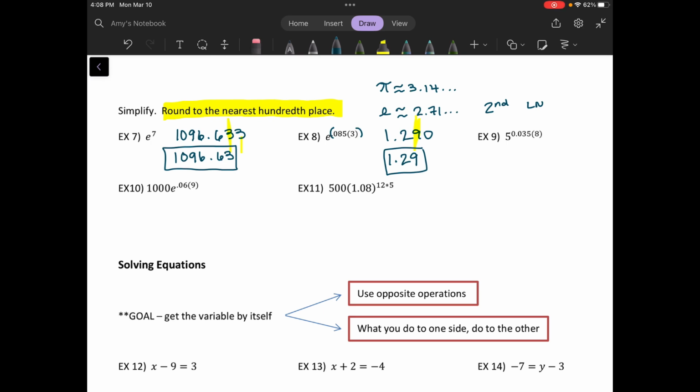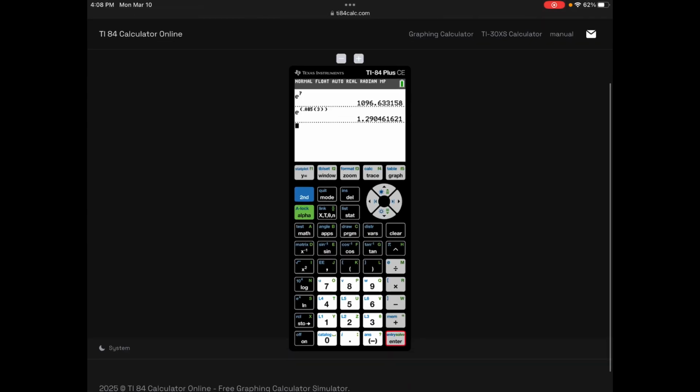Okay, number 9. It doesn't have a base of E, so we're not using second LN. This time we have 5 to the, so remember we have to raise it to the power of. And then I'm going to want parentheses around the entire exponent, 0.035 times 8.